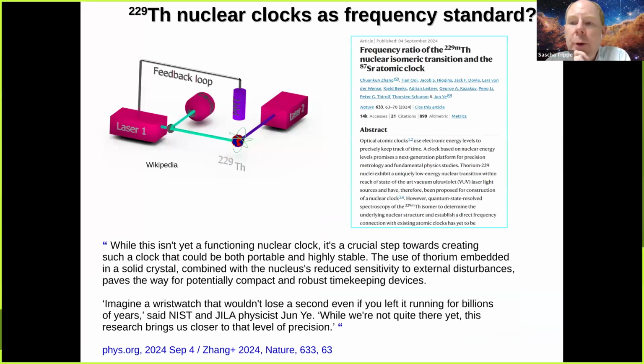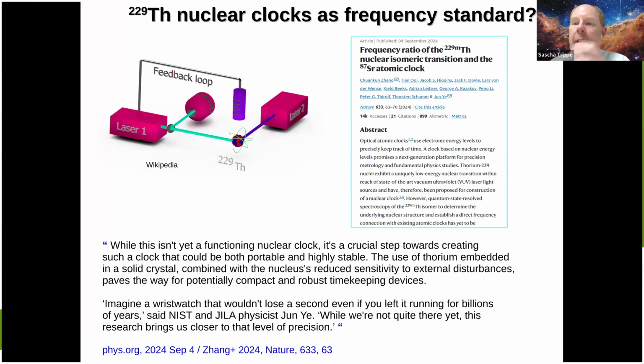Something we've been looking at with some interest, but not fully seriously considering yet, is that in the not too far future there may be the option to use thorium-229 based nuclear clocks. So not atomic clocks, but nuclear clocks, because thorium-229 has a nuclear transition at a few electron volts, so you can excite it with ultraviolet lasers and use this as a time standard.